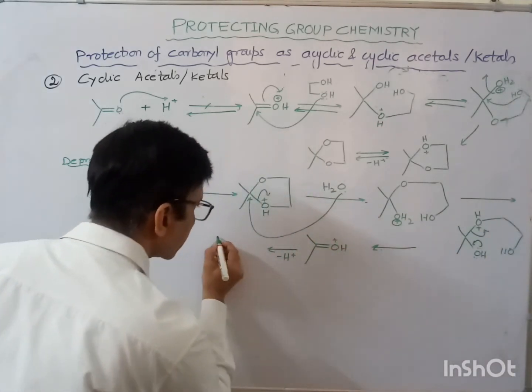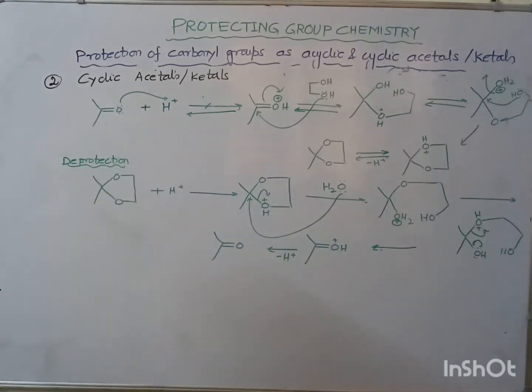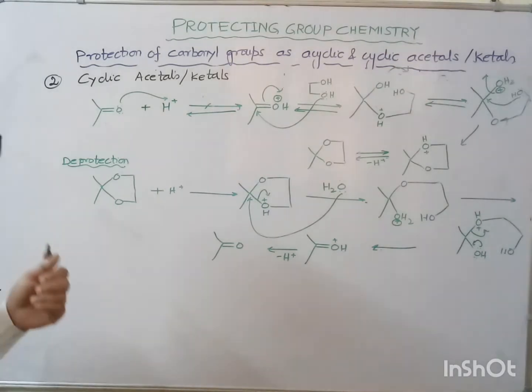Removal of this acid catalyst, and we have this carbonyl. So like this, in this way, the cyclic acetals and ketals can be formed.